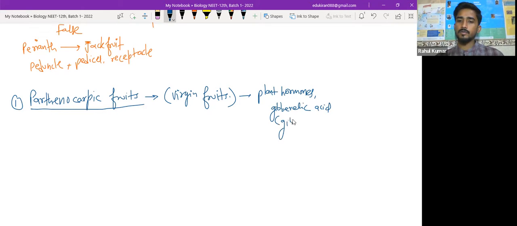In some books you read it as gibberellins. Gibberellic acid. This results in maturation and ripening of ovaries without fertilization taking place.